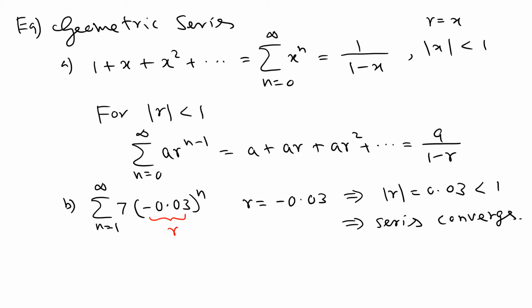And also we can do another one like this. Let's say we have sigma, and we don't always need to start with 1. It is e to the pi to the, let's say, n minus 1, something like that.